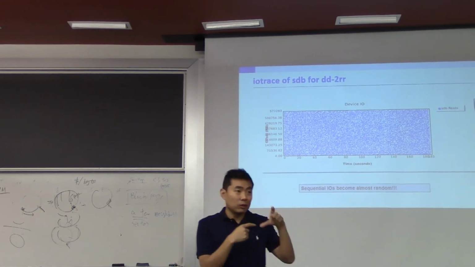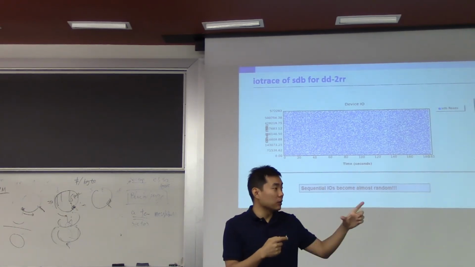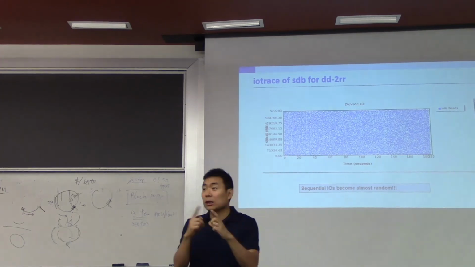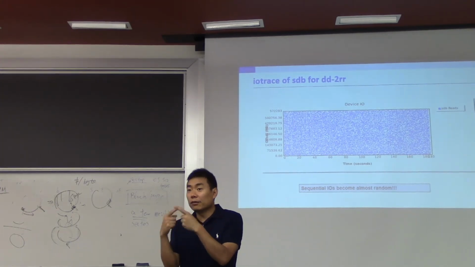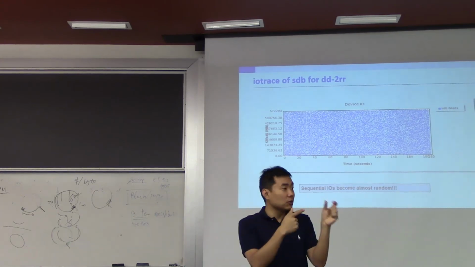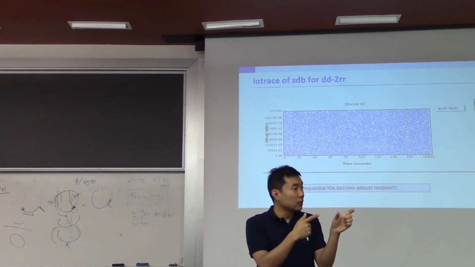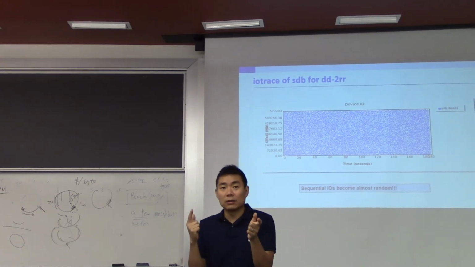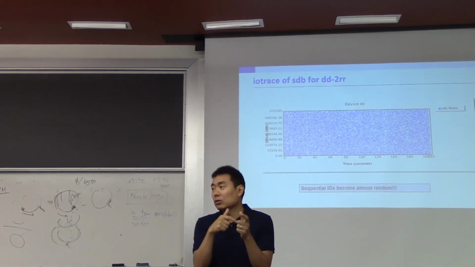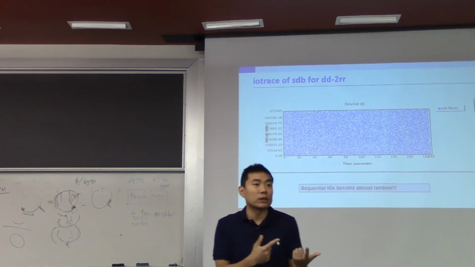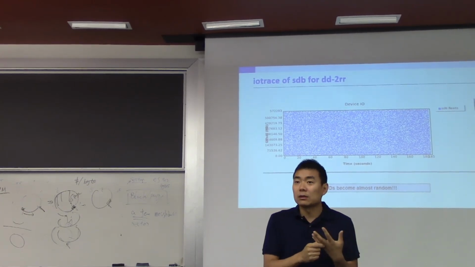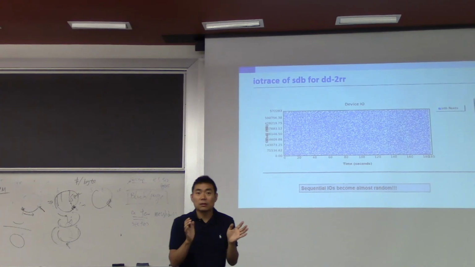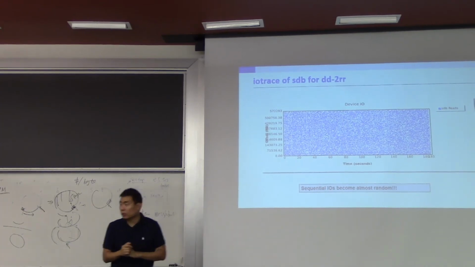Even though that sequential workload is indeed doing a sequential access, because you are interleaving services of 2 random workloads, by the time you come back to service that sequential workload, it's no longer sequential. The head of the arm has moved to a random location. It has to come back. So that sequential workload is completely destroyed for that reason. Does that make sense? You can no longer tell that sequential workload anymore.